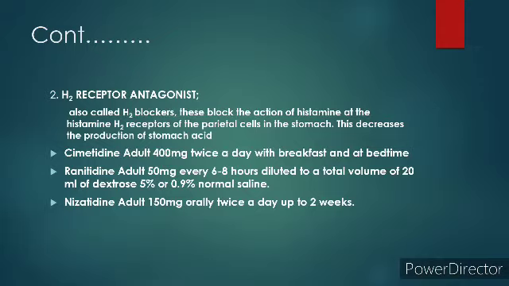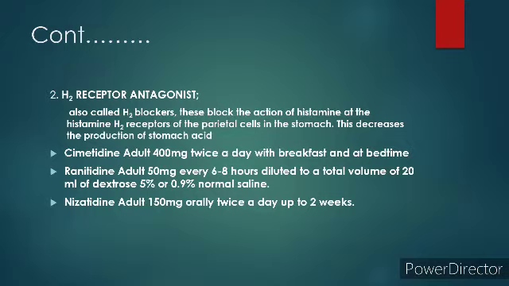So let's first understand the role of histamine. Histamine is involved in the inflammatory response, and most times it is found in mast cells and basophils. If histamine is blocked from reaching the parietal cells to stimulate them, the parietal cells will not produce acids.